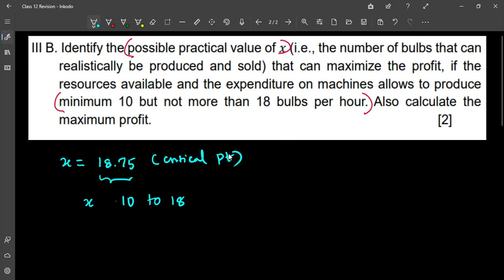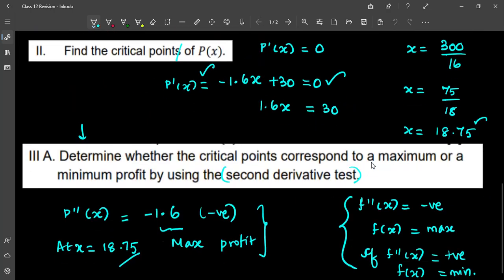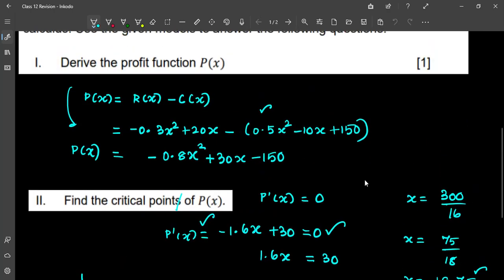So this is a quadratic function. If you remember, the profit function was a quadratic function. So a quadratic function can give you a parabola which is either upward facing or downward facing. This is a downward facing parabola, because its x square coefficient is negative.